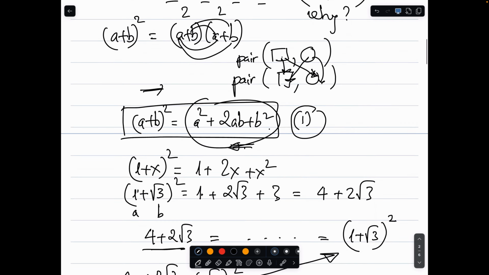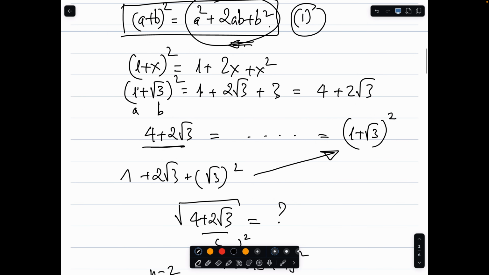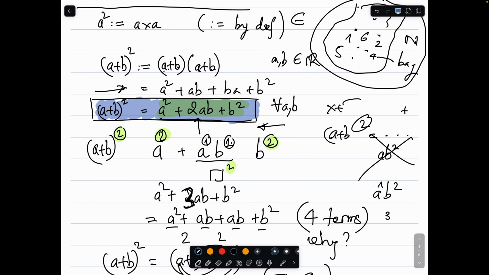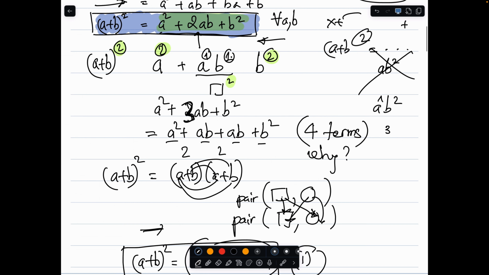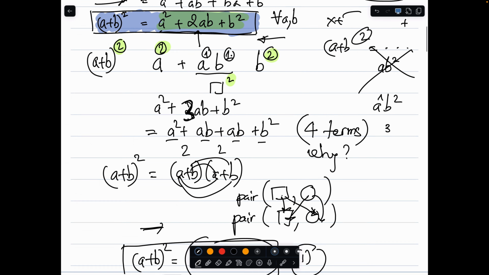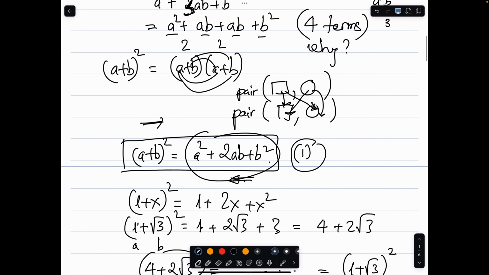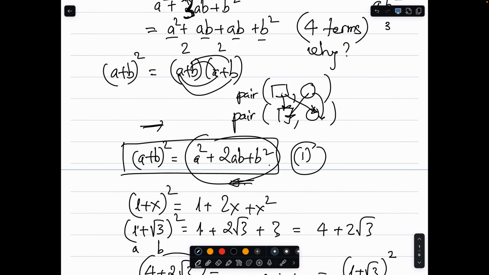That is how you see 4 plus 2 square root of 3 as (1 plus square root of 3) squared. And by having that deep understanding, you can develop an intuition about (a+b)^3: how many terms that expansion should have and what the terms look like, even before you do the calculation. That's very important.